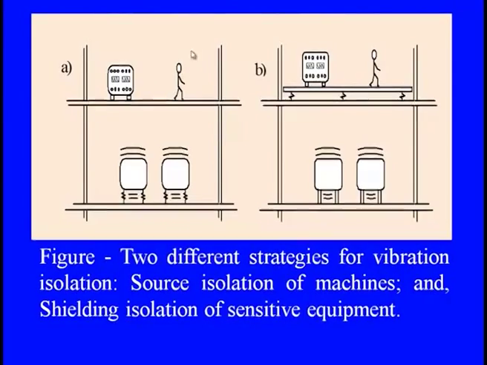We are also taking another example in which the A part and B part show two different strategies for vibration isolation. First, the source isolation of the machine, and second, the shielding of the sensitive equipment.